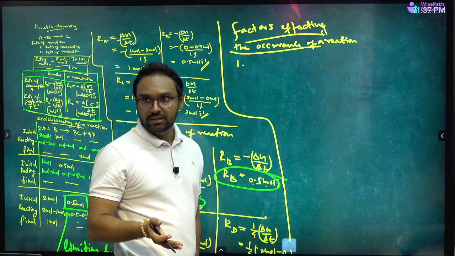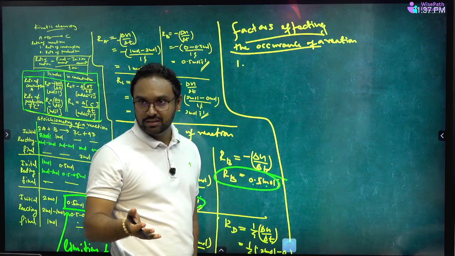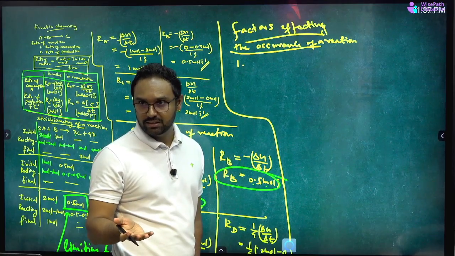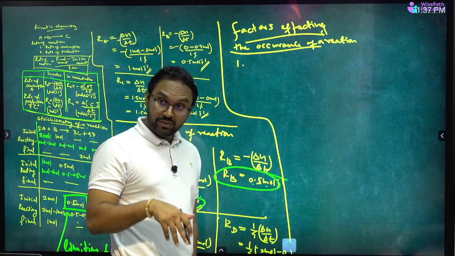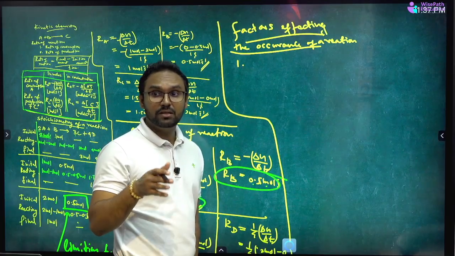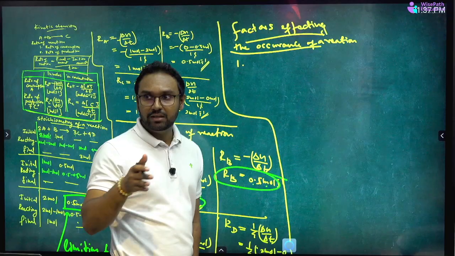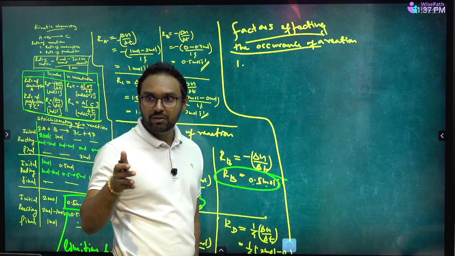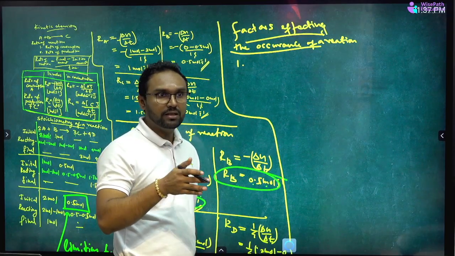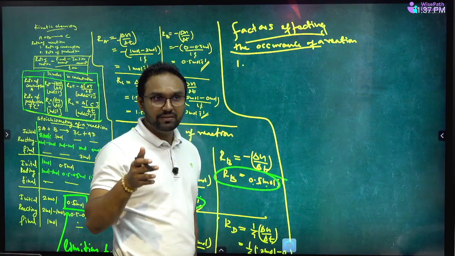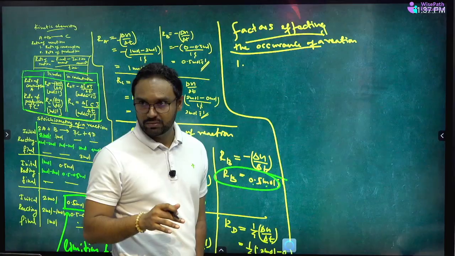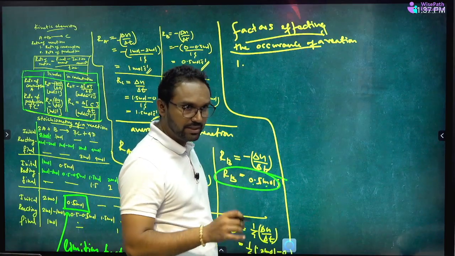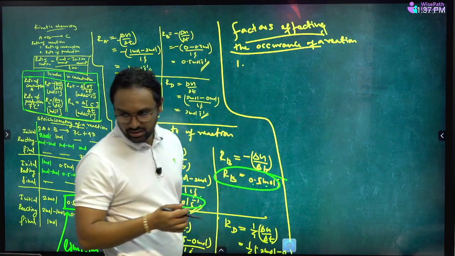So in the short note, I'll write just collision, orientation, and activation energy. But when you write it, you have to remember the reactants should collide in the correct orientation, and the reactants should have overcome the activation energy.